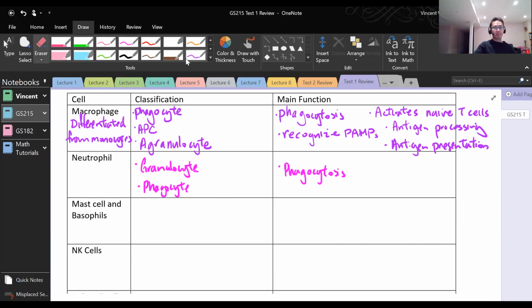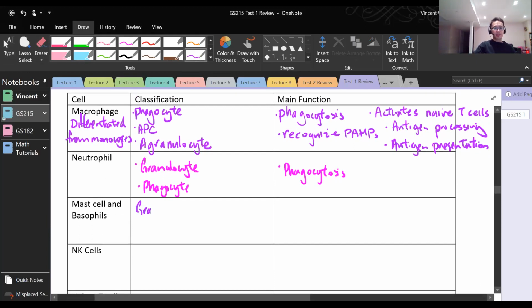Mast cells and basophils, these are granulocytes. The difference is that mast cells are anchored to tissue. These are anchored to tissue and give you a local inflammatory response, while the basophils are in circulation.